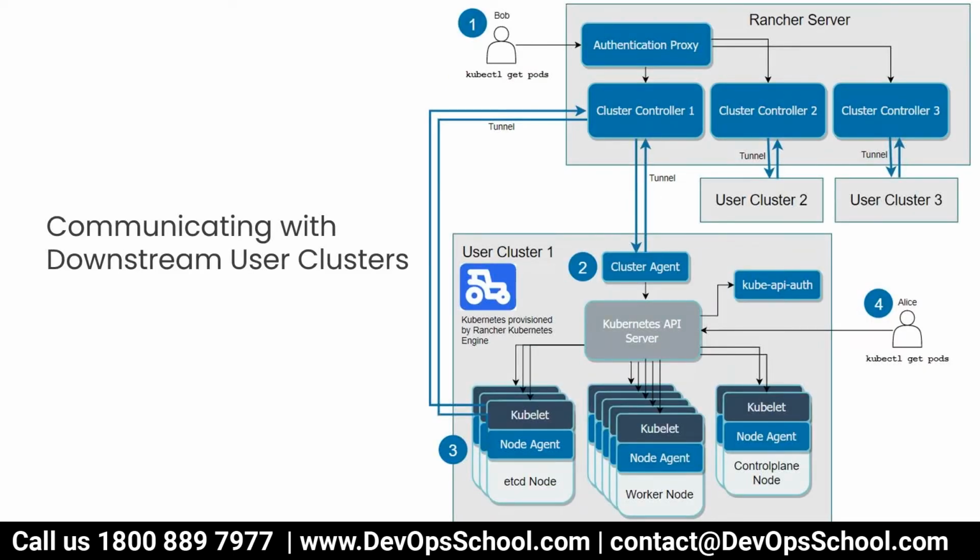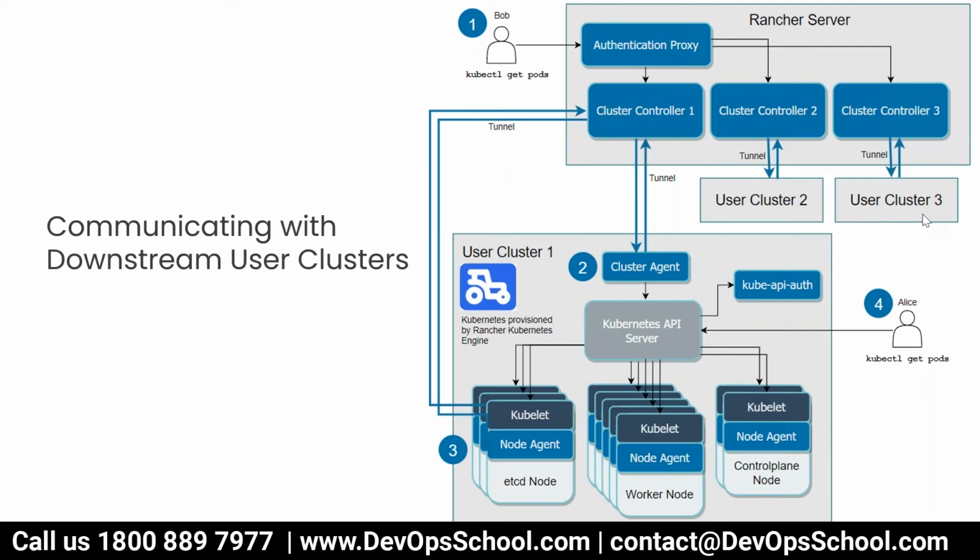Here, how do the communications happen between the Rancher server and the downstream user cluster? First of all, we talk to the Rancher server using the authentication proxy. After that, all these requests are sent to the cluster controller, which is part of the server. You have multiple controllers, cluster 1, 2, 3 controllers, minimum 2 controllers.